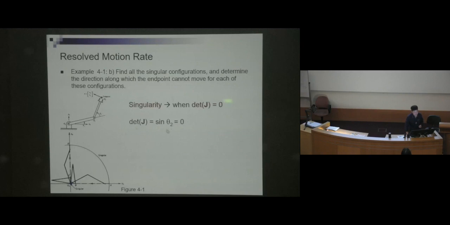The determinant of J equal to 0 means that sine theta 2 is equal to 0. So theta 2 has a value of either 0 or pi, and you will have a singular configuration. So the singularity is determined only by theta 2. Theta 1 doesn't play a role here, based on this analysis.